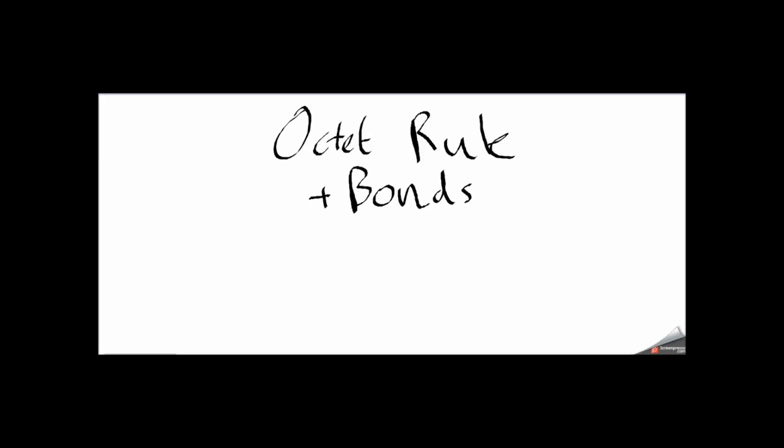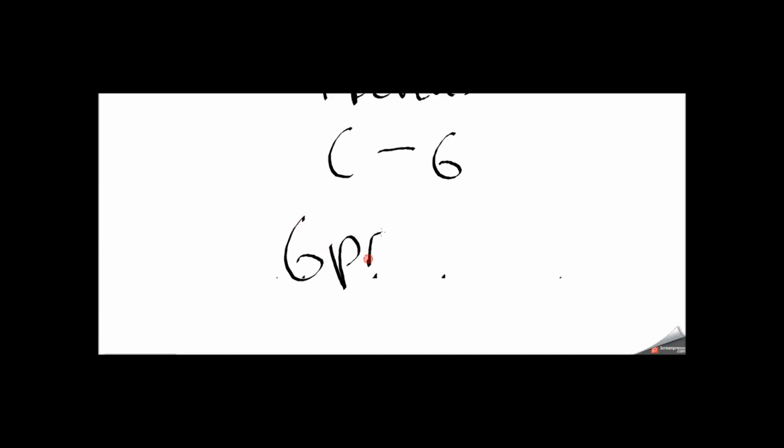So to demonstrate how this rule works, let's look at carbon. Carbon is atomic number 6. Let's write that down. Carbon is atomic number 6, right? So if carbon is atomic number 6, what does that mean? That means that it has 6 protons and 6 electrons.